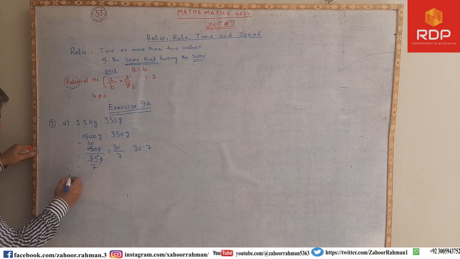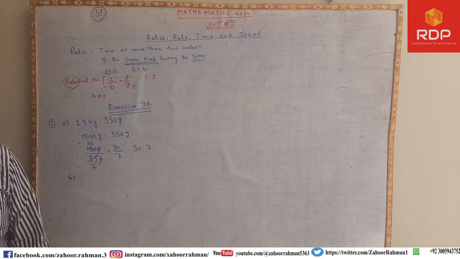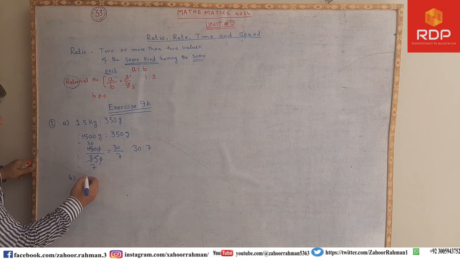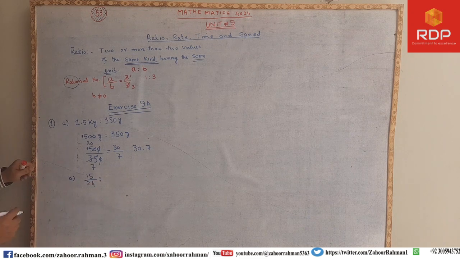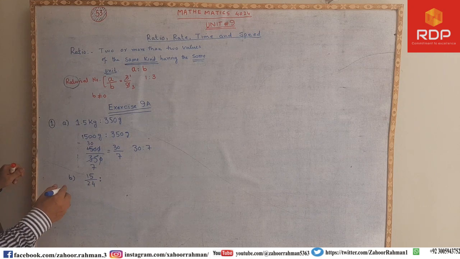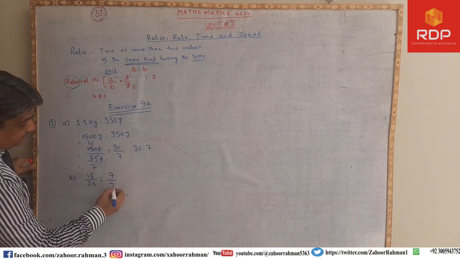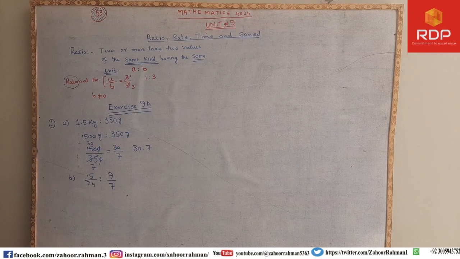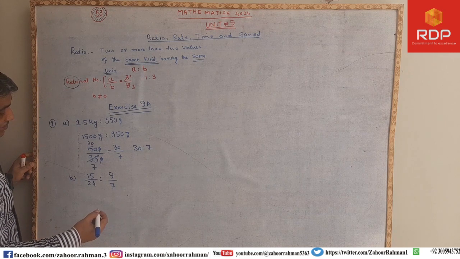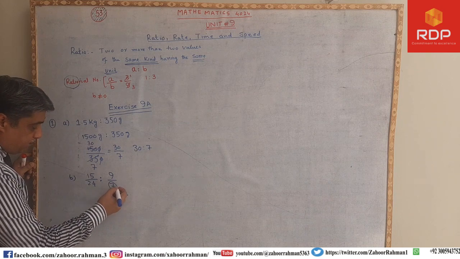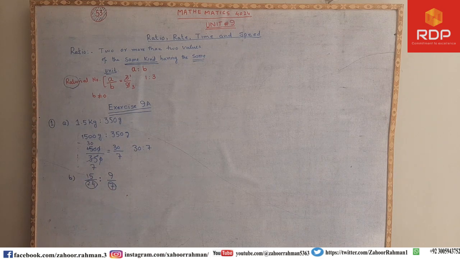So now let us turn our focus to the second part, and they are saying 15 divided by 24 ratio 9 divided by 7. Ladies and gentlemen, in this type of question which is written in fraction form, find a number which is divisible by both 7 and 24.